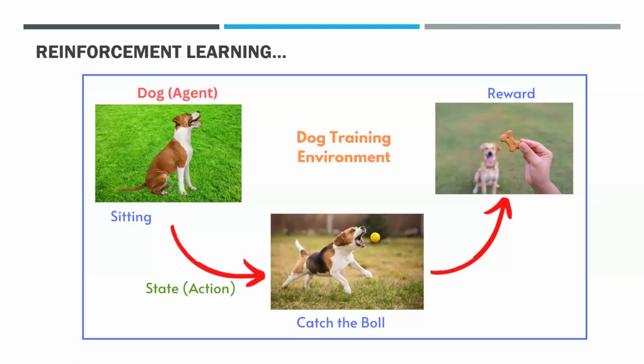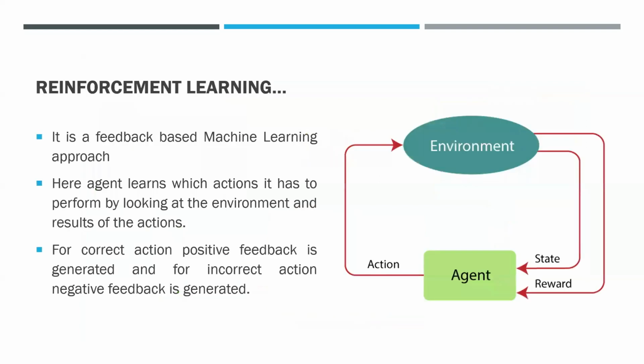So for that particular reward, whenever you throw the ball, after training, the dog will surely catch the ball for getting that reward. So this is a sort of reinforcement learning.